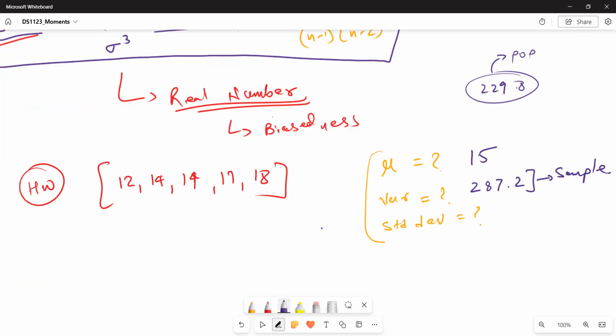Next, let me quickly take the square root of 287.2. Right, so this is 16.94. So this becomes my standard deviation.